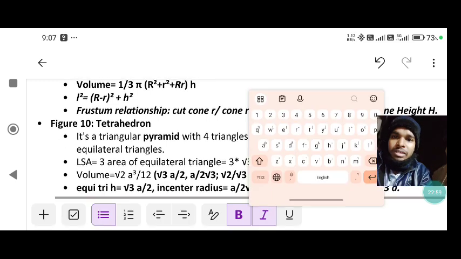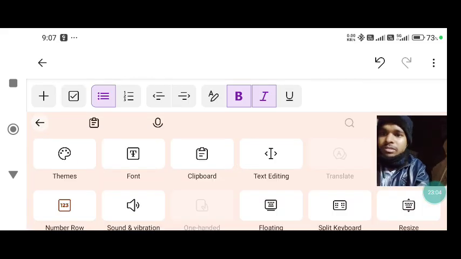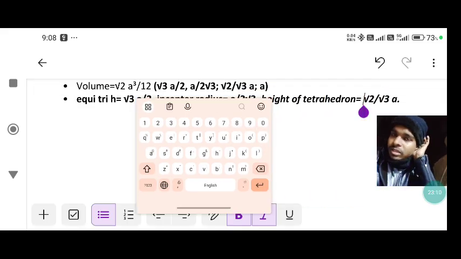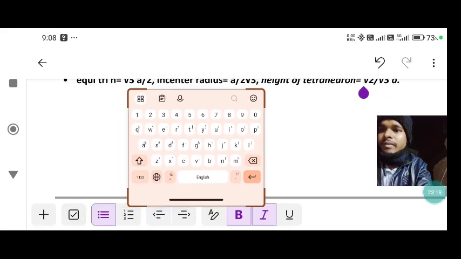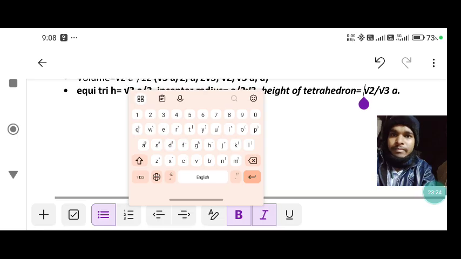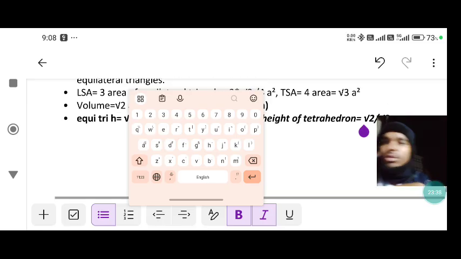The area of the base is root 3 by 4 a square. In the denominator 3 into 4 is 12, and root 3 will be cancelled. Root 3 by 4 a square, and a multiplied by a square gives a cube, so root 2 by 12 a cube will be the volume.